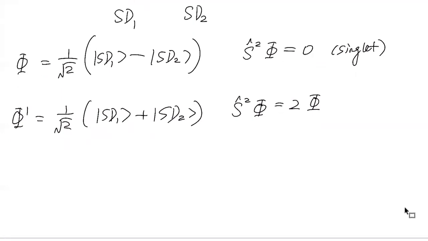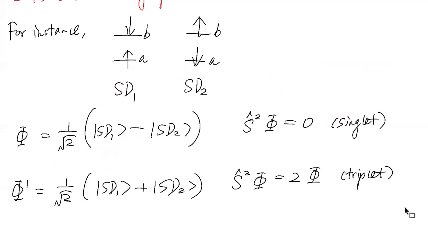Therefore the spin quantum number S is 1, and this gives you a triplet. You cannot say SD1 gives you a singlet, or a triplet, because it's an illegal question.